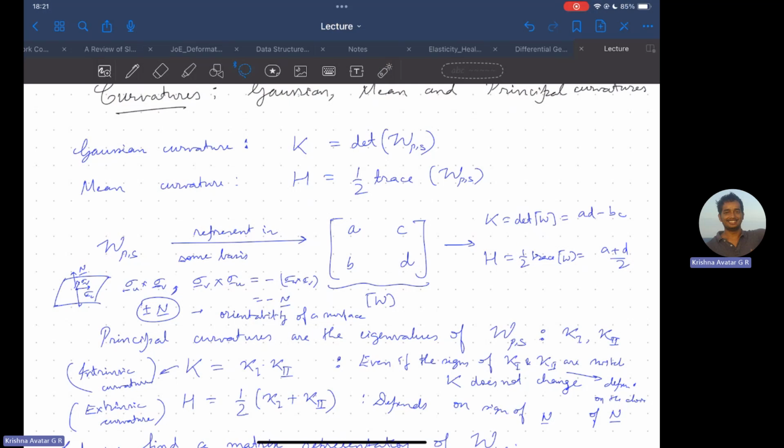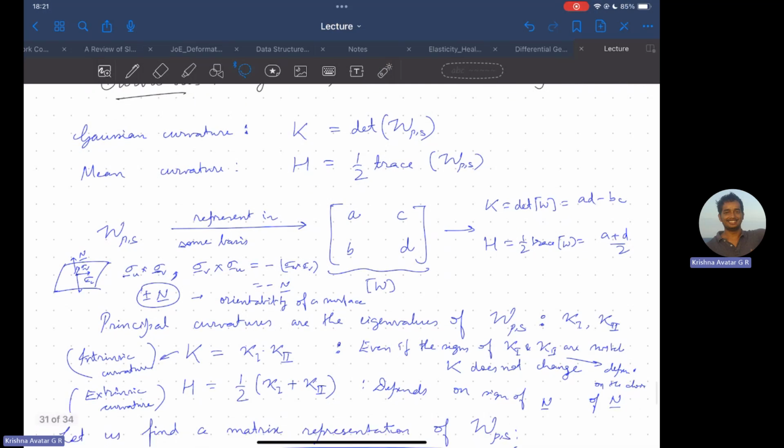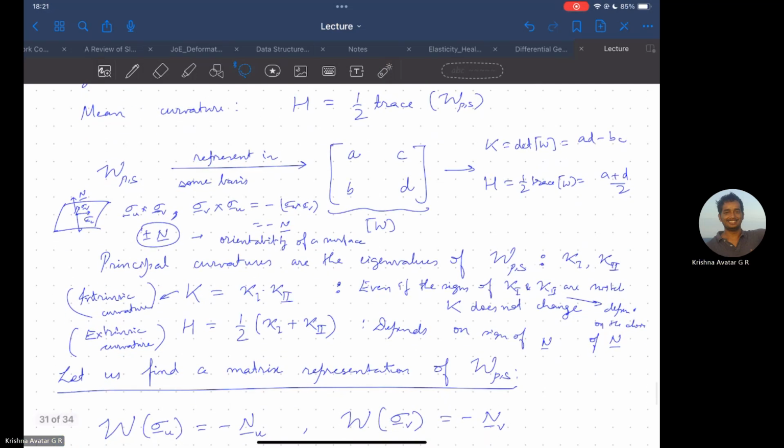Let the coefficients of this be A, B, C, D. So in that case, the Gaussian curvature is just the determinant of the matrix W. So it is AD minus BC, and H is half of the trace of the matrix W again. This means it's A plus D by 2. And the principal curvatures are nothing but the eigenvalues of the matrix W.